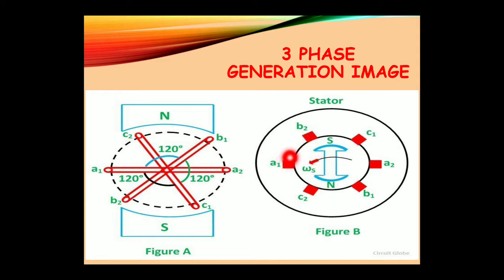These are the static conductors. This is the A1, A2 coil, that is B1, B2, a coil, and one is C1 and C2. These three windings are the stator windings, and the angular displacement between each winding is 120 degrees. Okay, so that is the three-phase generation.